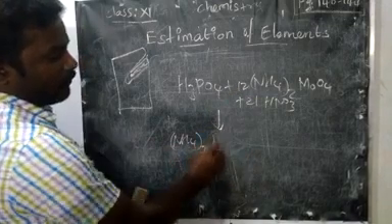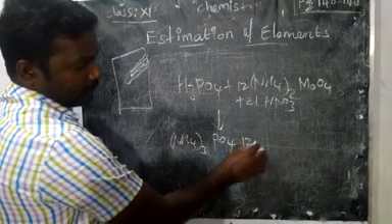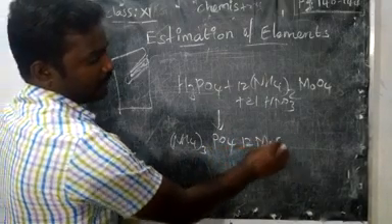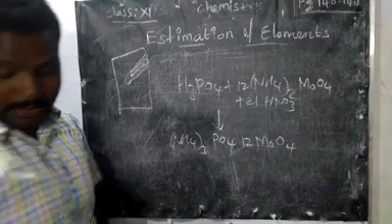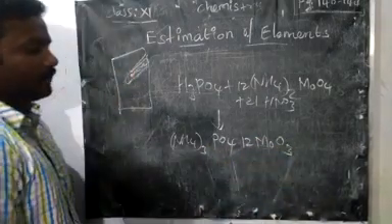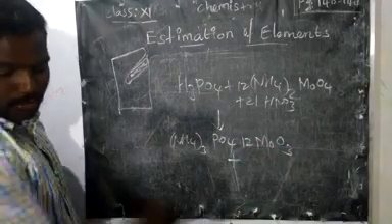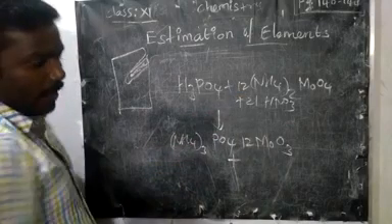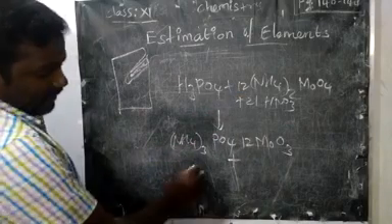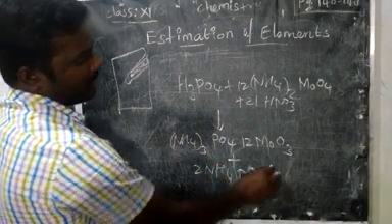Phosphate means PO4, along with 12 moles of molybdate, MoO3. Along with that, we will get another compound also, that is 21 ammonium nitrate, NH4NO3.